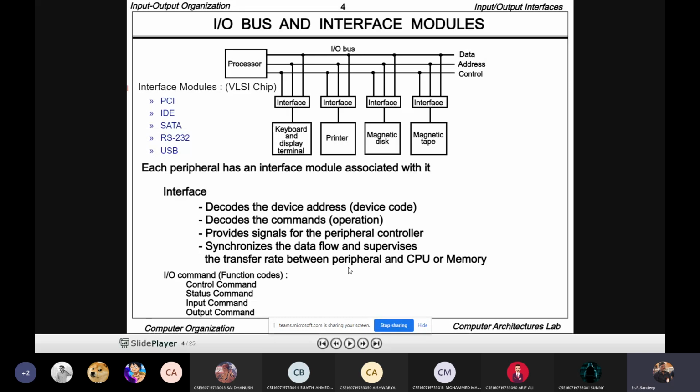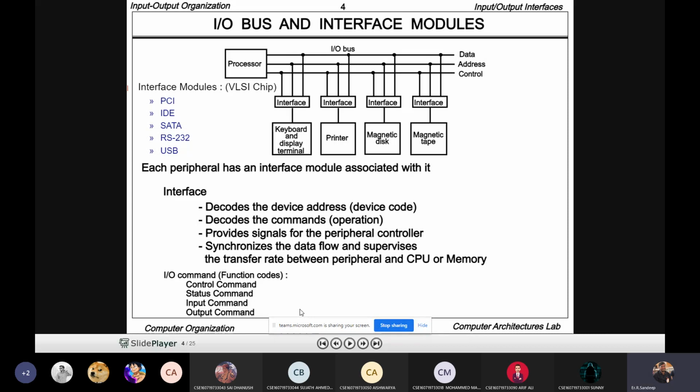So what type of commands can it issue? The commands, or function codes, that can be issued by the IO interface are the control command, status command, input command, and output command. Input command is simply giving data to the system. Output command is simply taking data from the system.